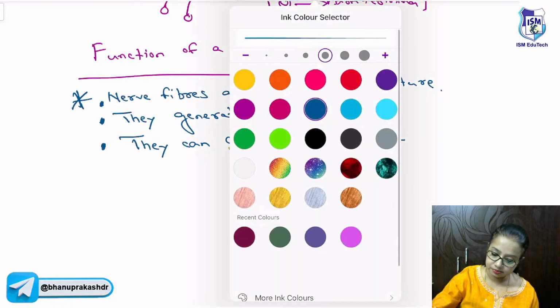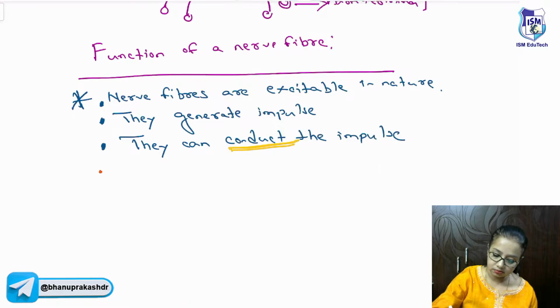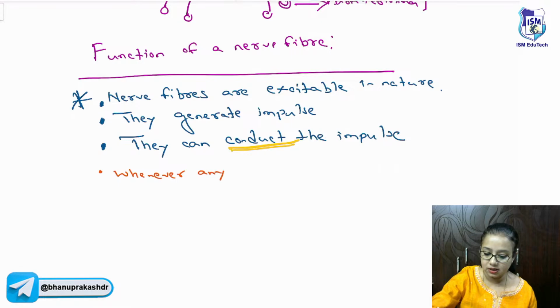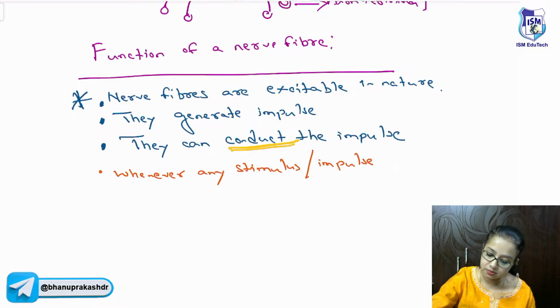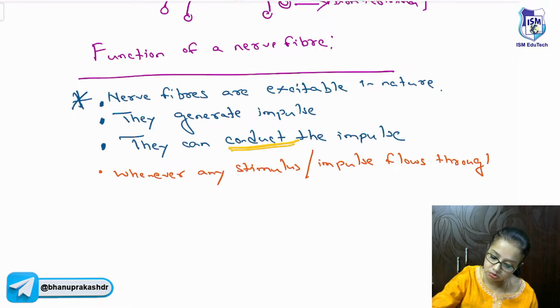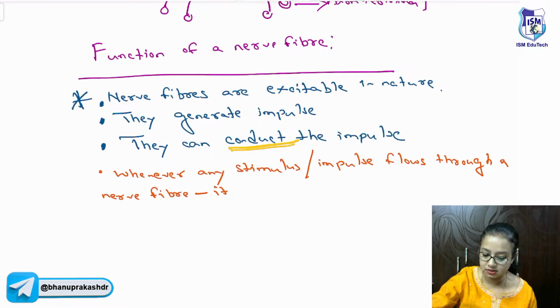Now, whenever any stimulus or impulse flows through a nerve fiber, it releases neurotransmitter.